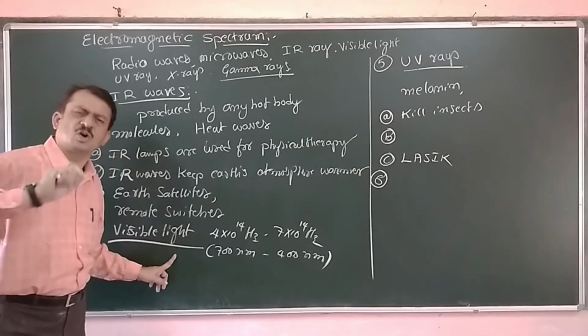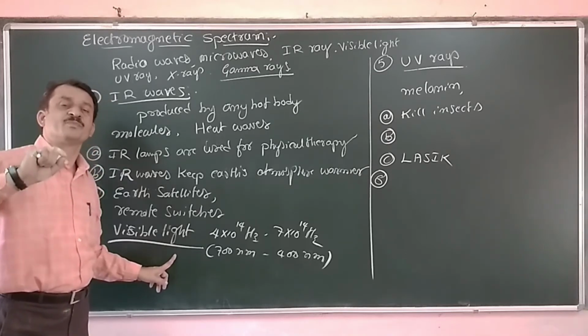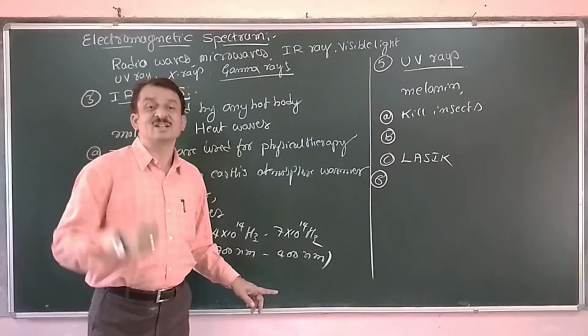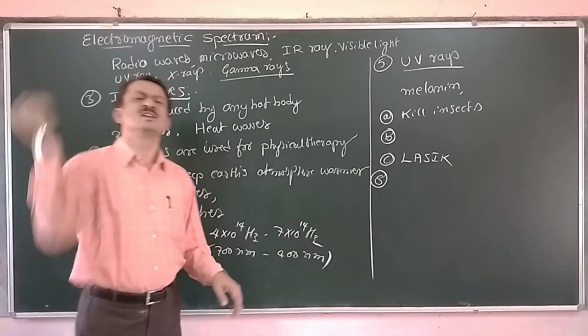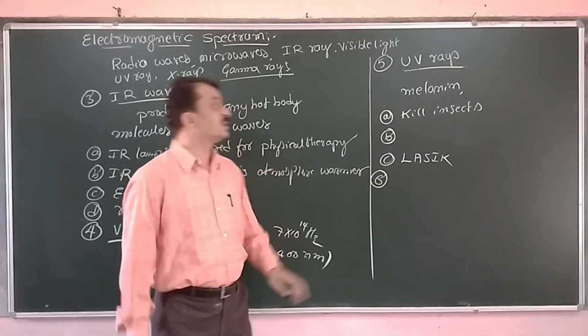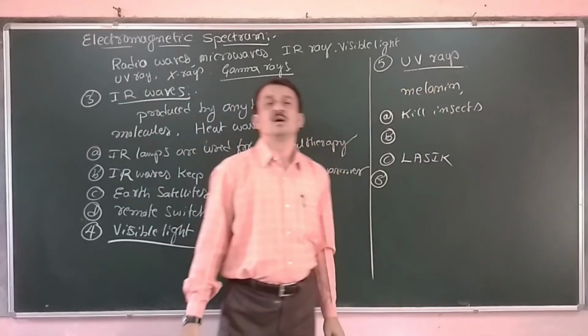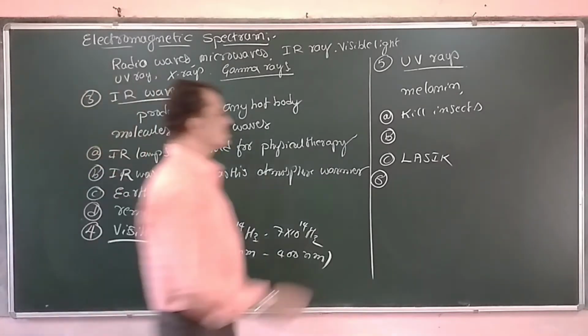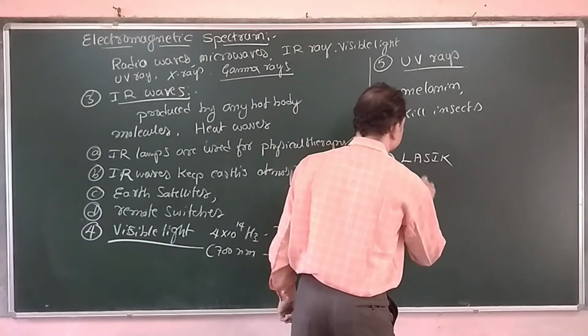If you further go on increasing its temperature, it turns white in color. If you further increase, it turns a little bit violet. Then it's going to emit ultraviolet rays. You should remember that. Now, the sixth one is X-rays.